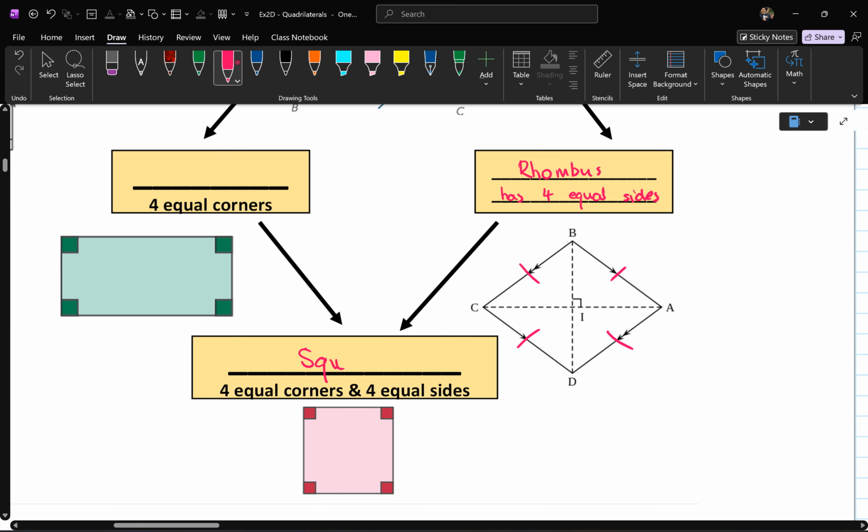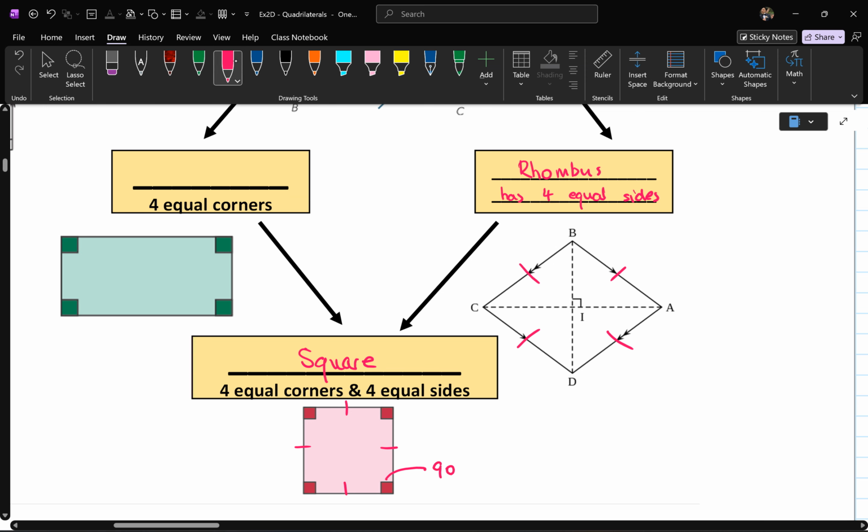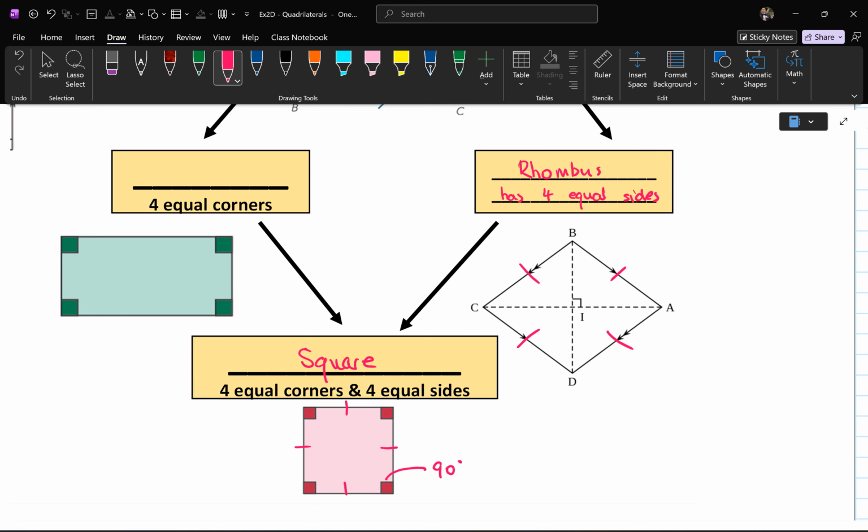See, a square has all four sides the same, but they also have a 90-degree angle as well. So they all have to have 90 degrees. So 4 equal sides and 4 equal angles. That's what makes a square and a rectangle special, and that's one of the easiest ones to learn when you're in primary school. Yeah? All right, so this one's a rectangle.